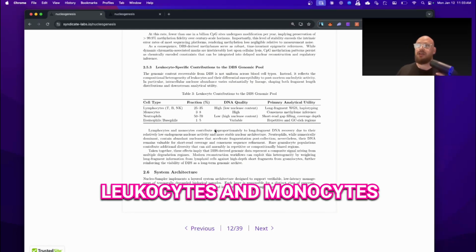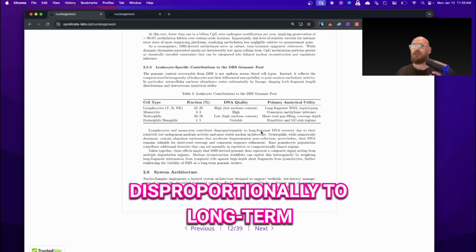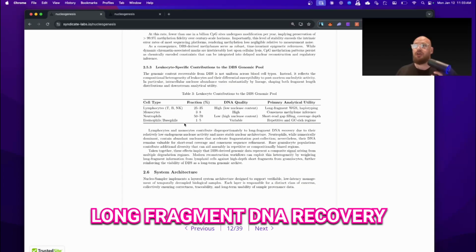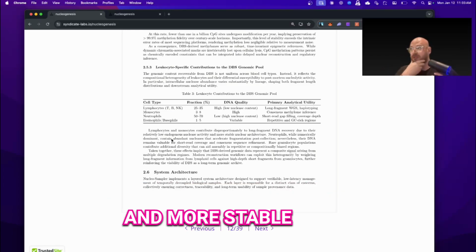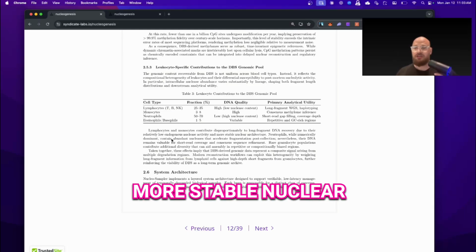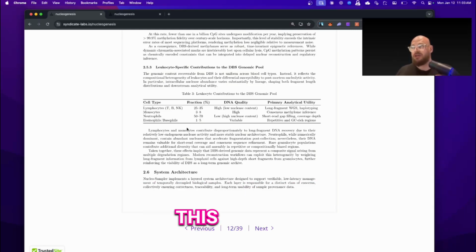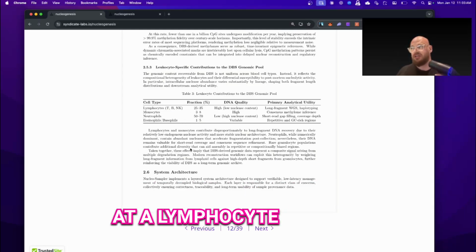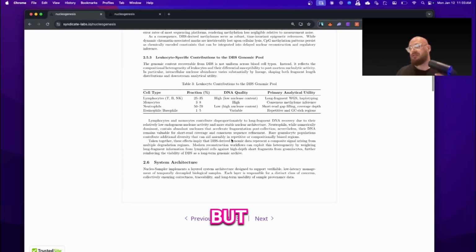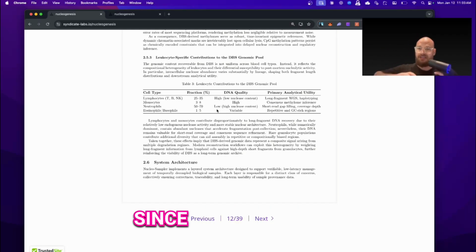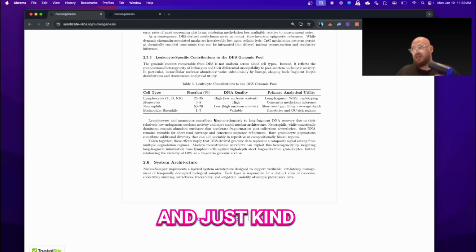Lymphocytes and monocytes contribute disproportionately to long fragment DNA recovery due to their relatively low endogenous nuclease activity and more stable nuclear architecture. When I first began this project, I was only looking at a lymphocyte nucleus that had been kind of mummified in the dried blood spot card, but we have since zoomed out and look at other cells.